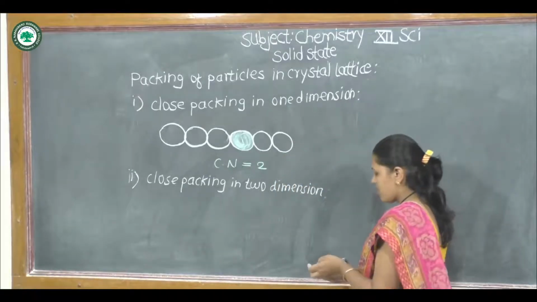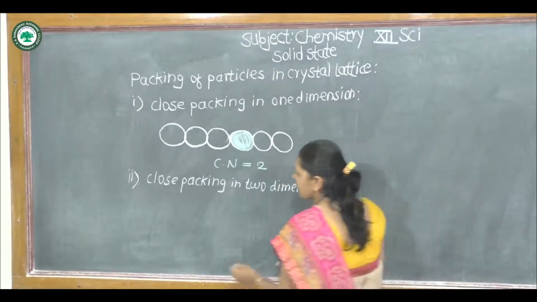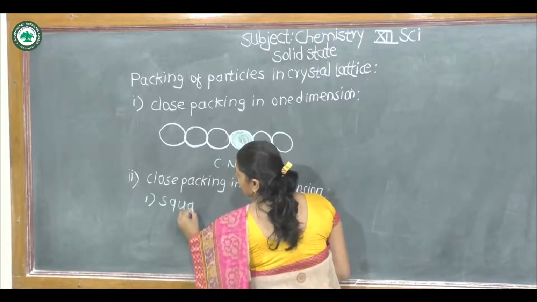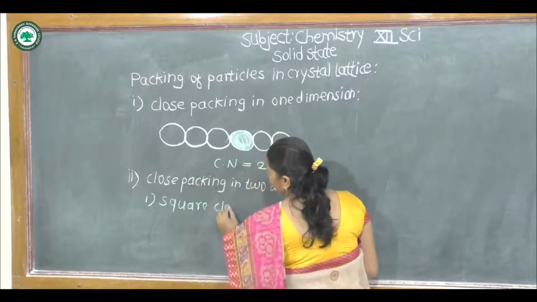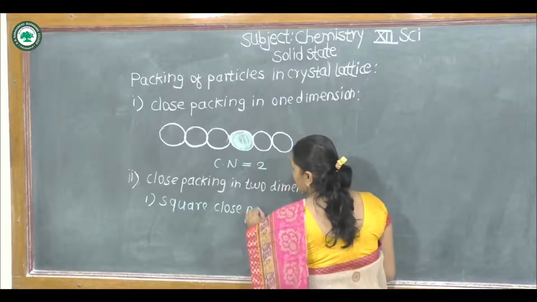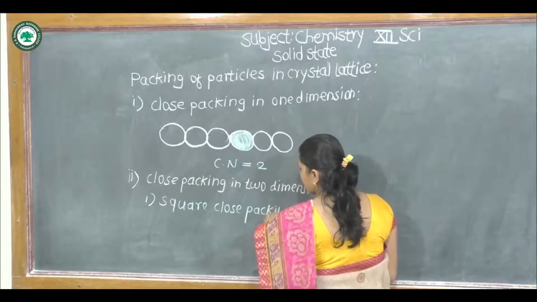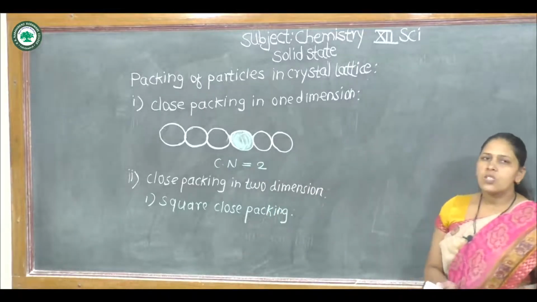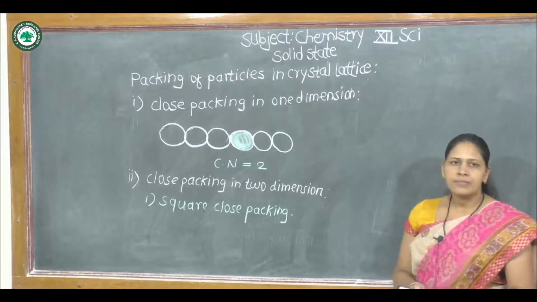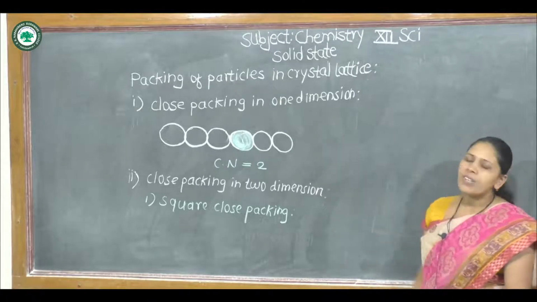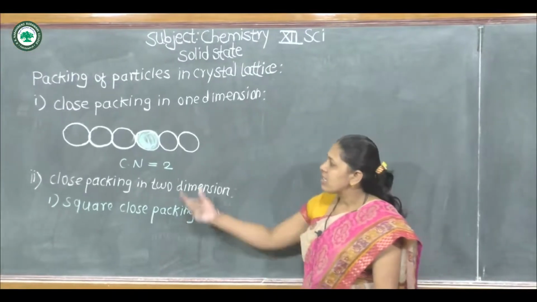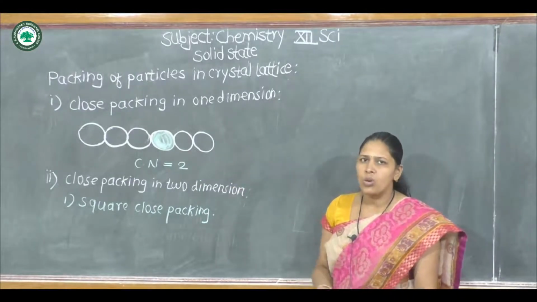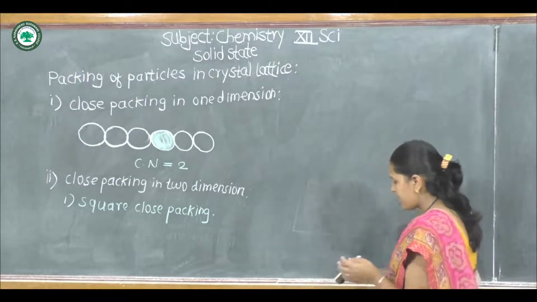First, square close packing is formed by one-dimensional close packing rows stacked one over another.